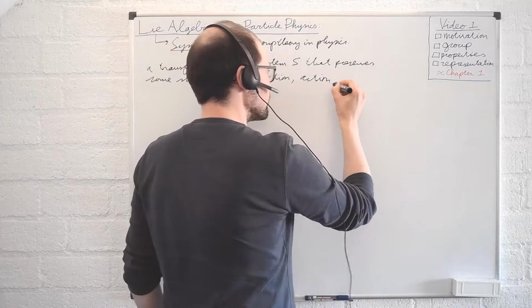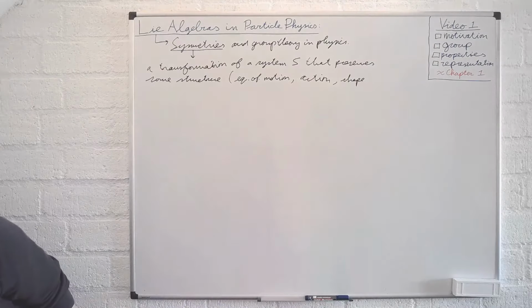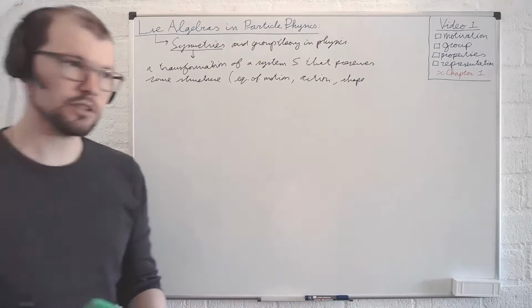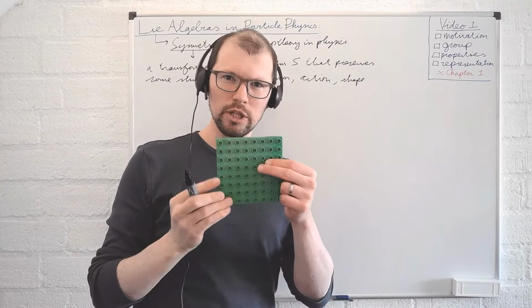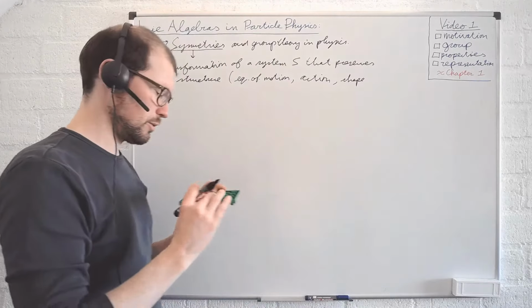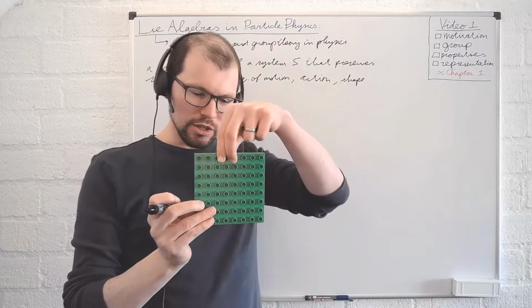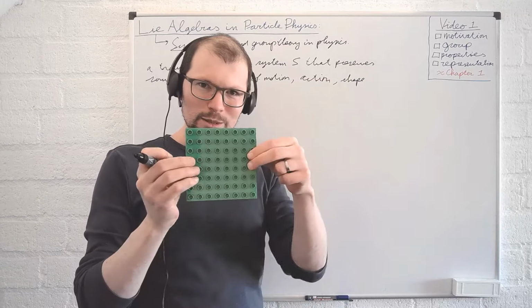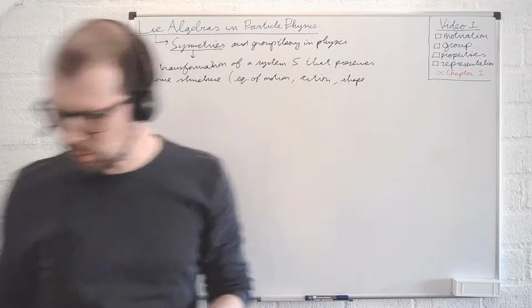It can be the shape of some object. For instance, here, so this is kind of a benefit of giving a lecture at home. I have plenty of material available to use as attributes in the course. So here, this Duplo piece, its shape is invariant under rotations by pi over 2.